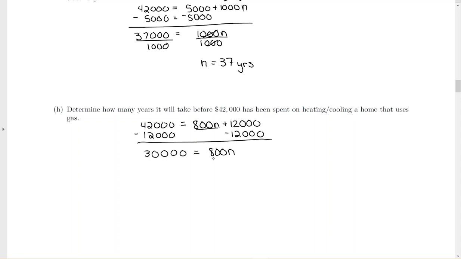And then go ahead and do that division. And we should get 37.5. Now it doesn't say to round, so don't round, just write it as 37.5. And then again, don't forget the unit label. So in this case, 37.5 years.